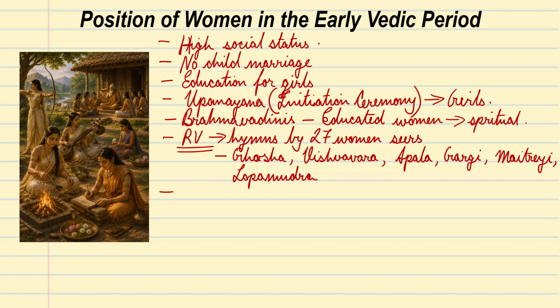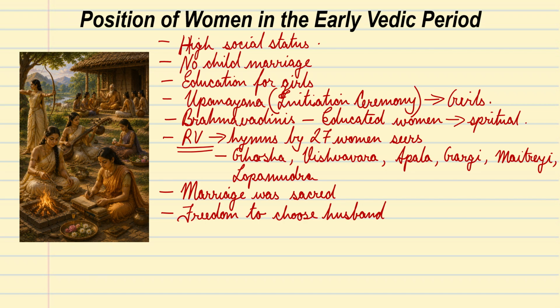So marriage was regarded as sacred. Women had the freedom to choose their husband, hence there was no forceful marriage. Women could choose their own husband, and they participated in religious ceremonies along with their husbands.